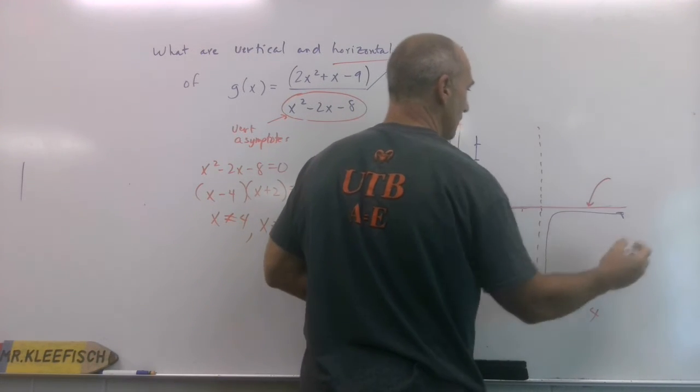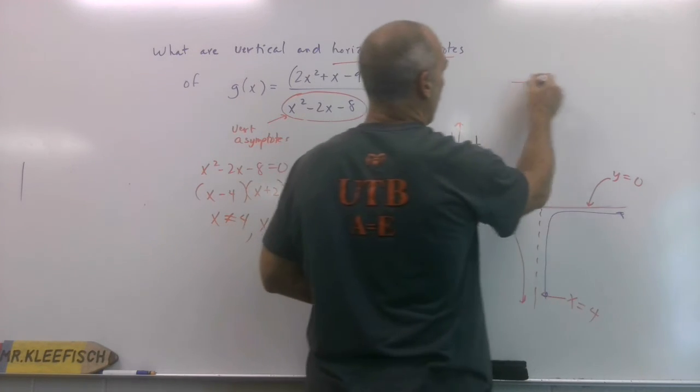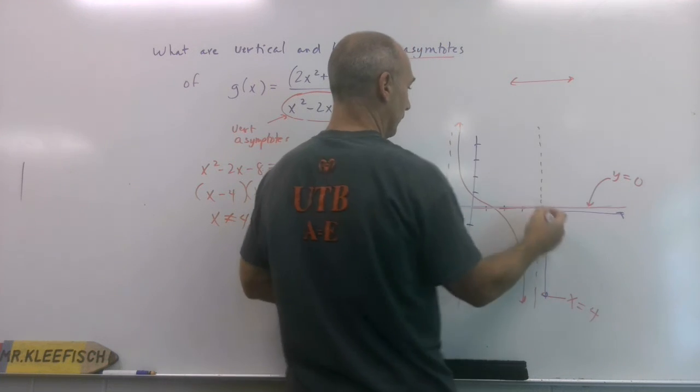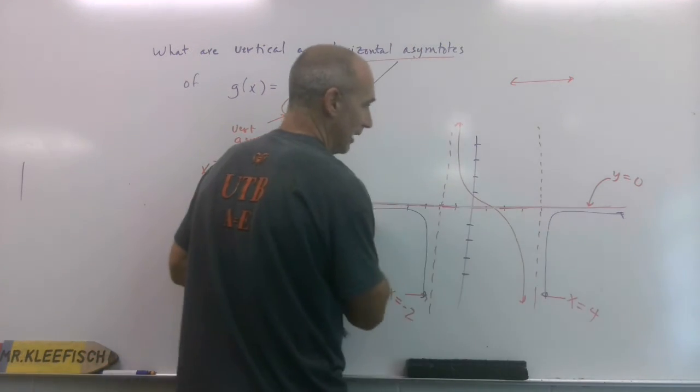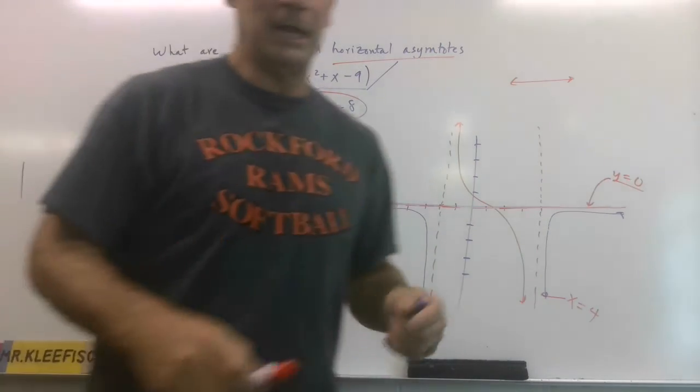That almost snuck by me. So y equals 0. Remember, y equals are all of our horizontal lines. So the actual name of the x-axis, ironically, is y equals 0. So there you go.